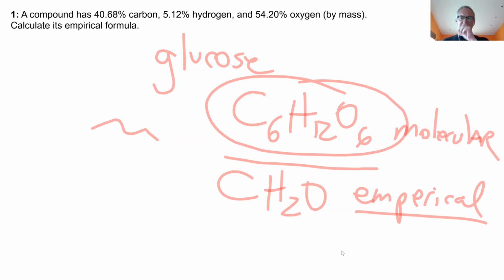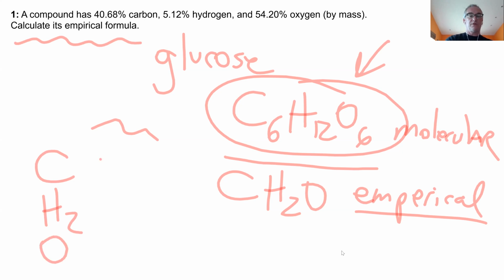So what other information would we need? If we get an empirical formula, what other information would we need to calculate the molecular formula? Molar mass. The mass of 1 mole, right? Because we would figure out that the mass of CH2O would be 12, 2, and 16. That would be 30 grams in a mole.